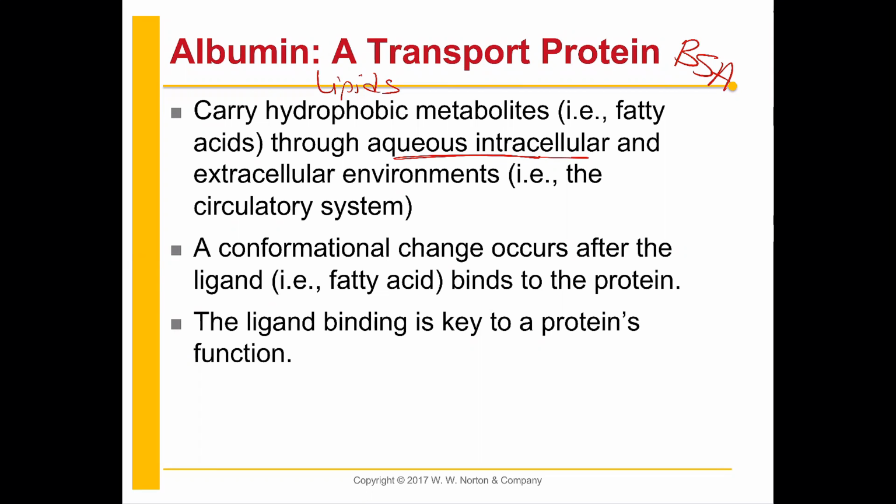Whenever these transport proteins bind to their ligand, like when albumin binds fatty acid, the ligand binding is going to induce a conformational change in the protein. That ligand binding is key to our protein's function, because once that ligand binds, it induces a conformational change, and now that protein can do its function, right?